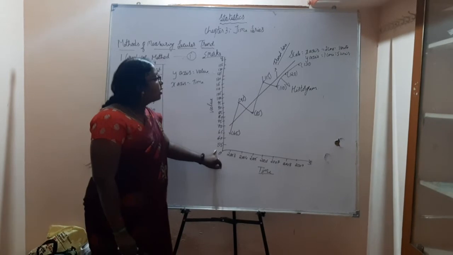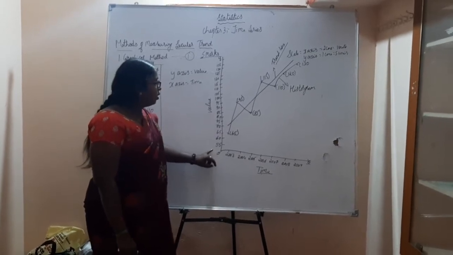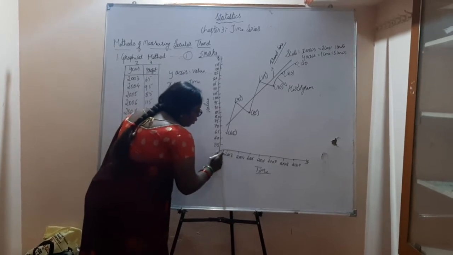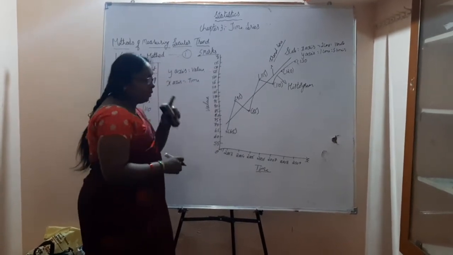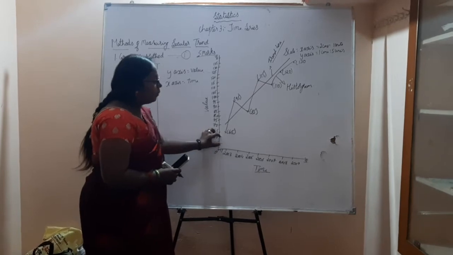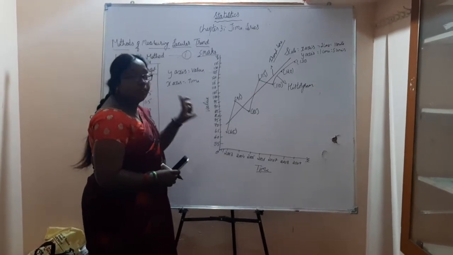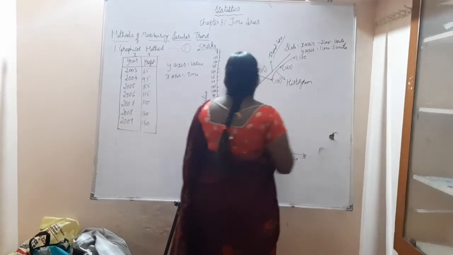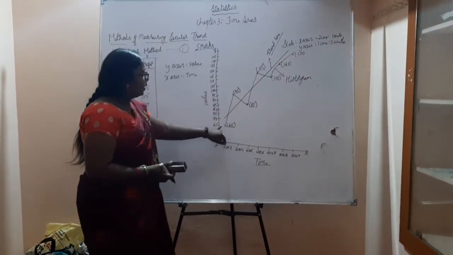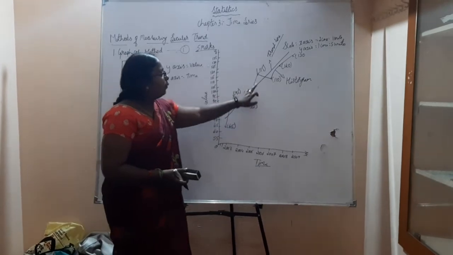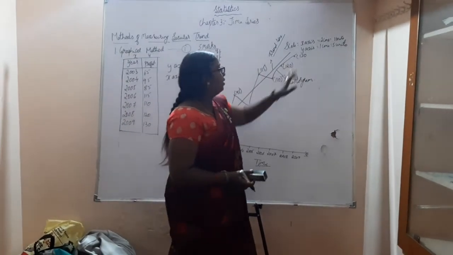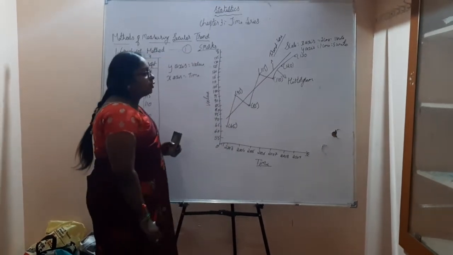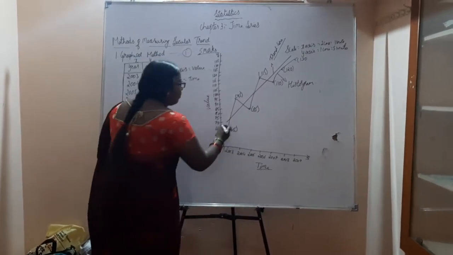For the scale, on the x-axis I am taking 2 columns, that is 2 centimeters equals 1 unit, and on the y-axis 1 centimeter equals 5 units. Next I am plotting 65, 95, 85, 115, 110, 120, 130. This freehand curve is called the histogram.